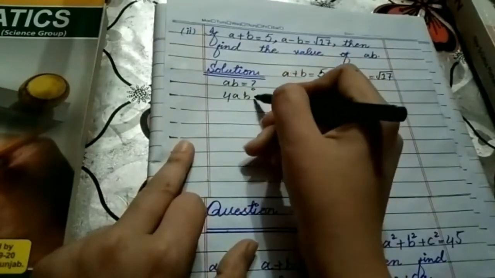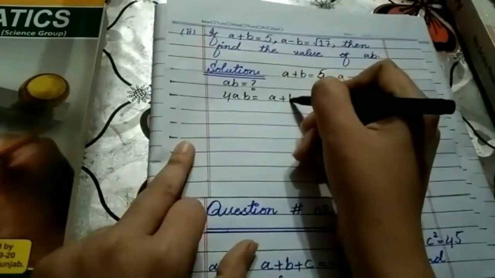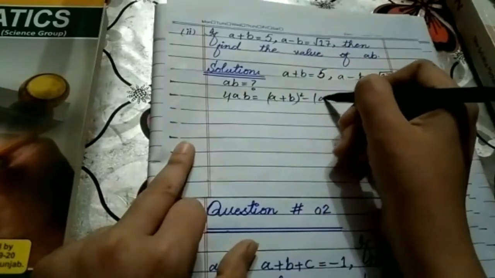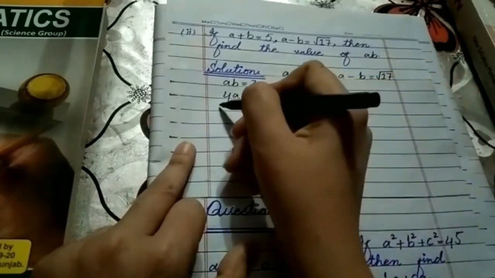4ab is equal to a plus b whole square minus a minus b whole square.